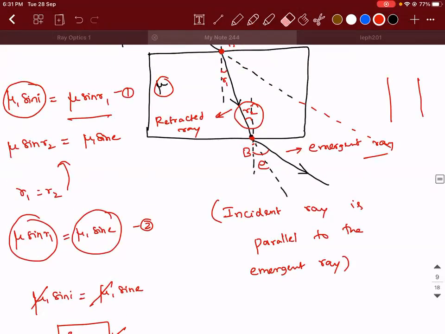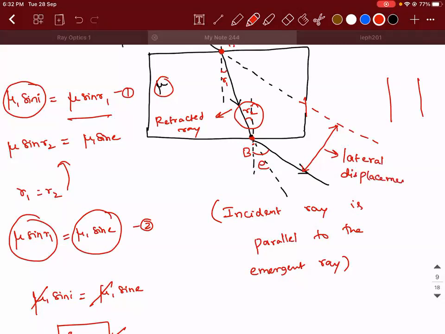And the observation that we can see here is, it is very clear that the incident ray has got displaced, and this distance is called lateral displacement, which is represented by the symbol delta x. Okay. Lateral displacement, or sometimes it is also called lateral shift. This is another term that is used.